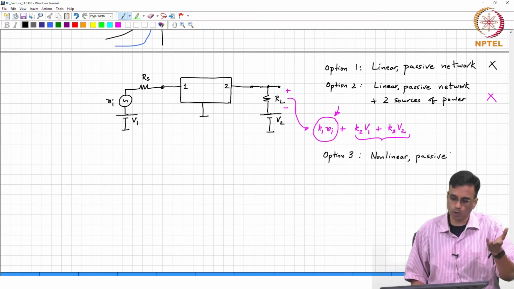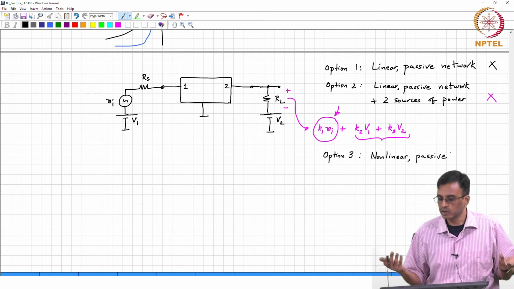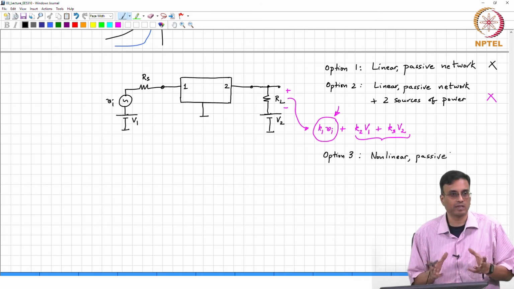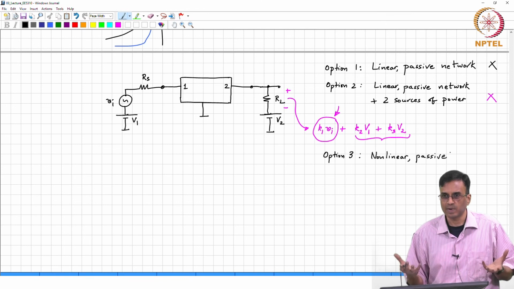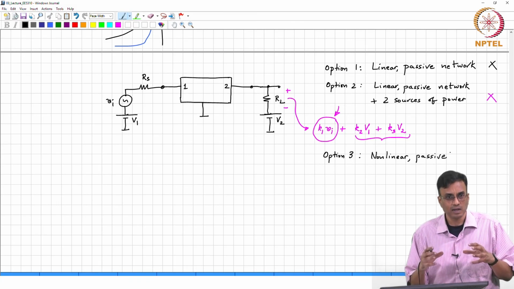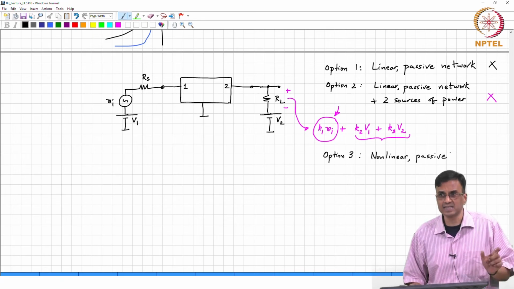No, why? Why it won't work? Exactly, right. It does not matter whether that box is linear or non-linear. Its being passive basically means that some energy is going to be consumed. So, even if this box is non-linear, you will not be able to get any gain.